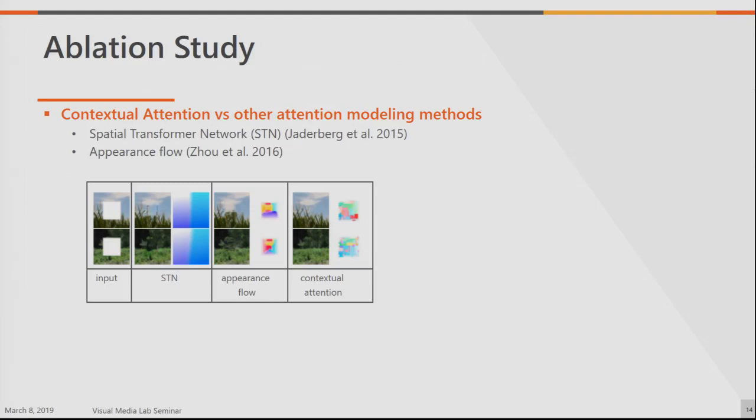So it doesn't really work well in this particular application. And then for appearance flow, the attention maps are quite good, but the result is not really good compared to the contextual attention. So here the proposed method also outperforms the other methods.